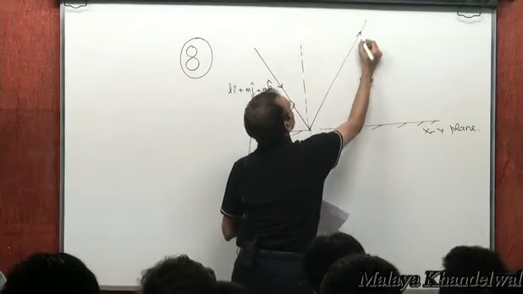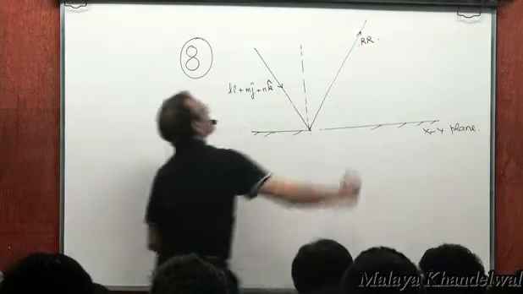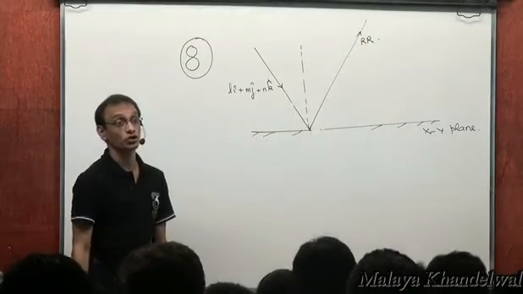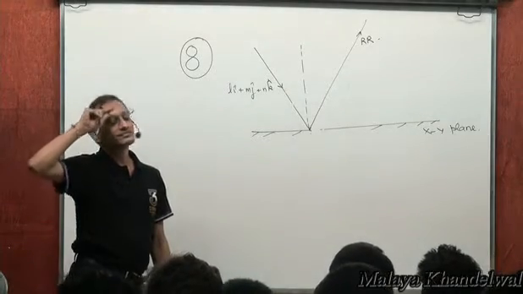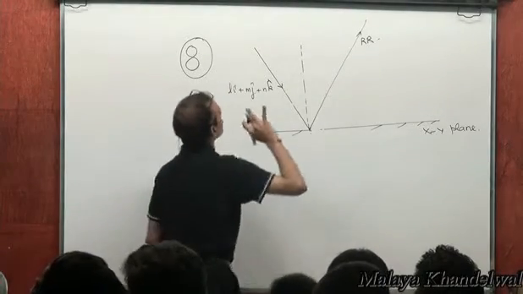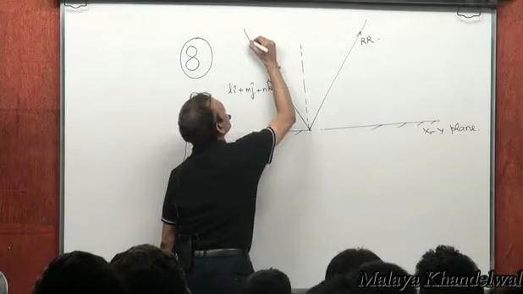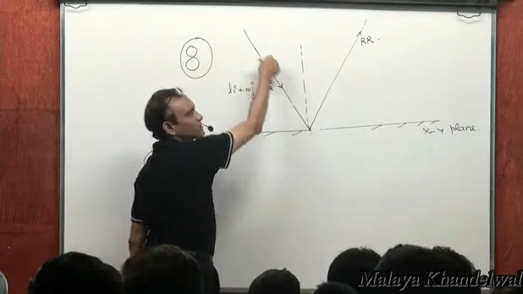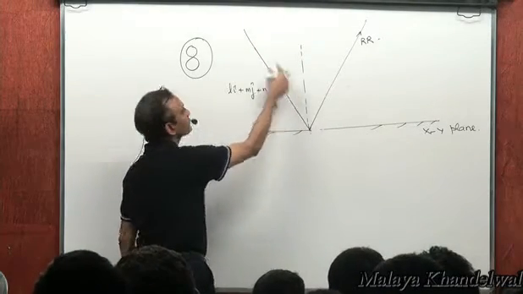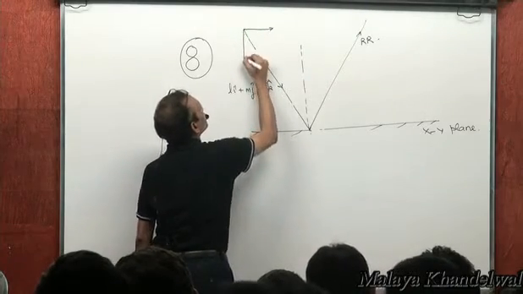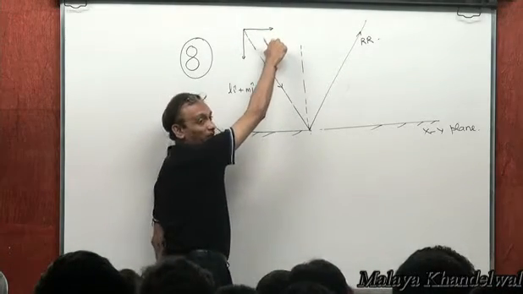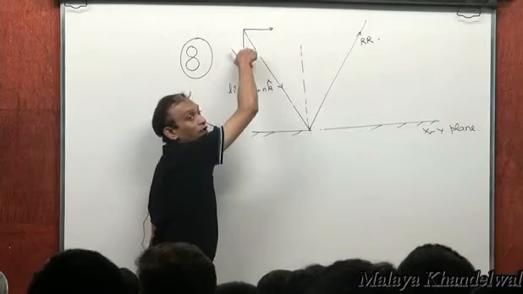We want to find a unit vector along the reflected direction. Tell me this: L i plus M j plus N k is along this direction, right? It could be resolved into a component parallel to the xy plane and a component in the z direction.